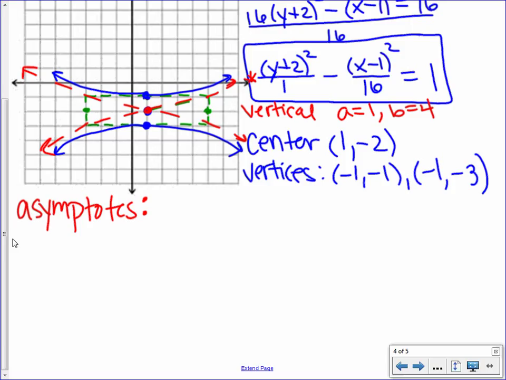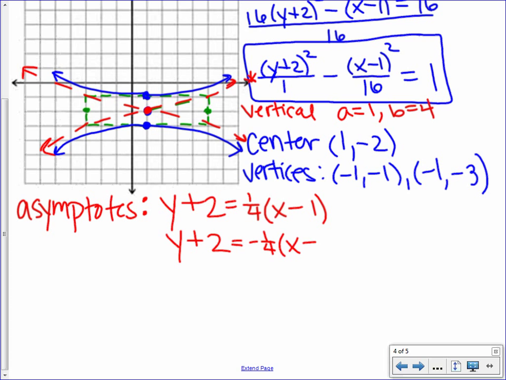So we're going to take y minus y. Since our center's y coordinate is -2, we're going to take y minus -2 equals slope times x minus the x coordinate of 1. And then I'll notice our slope from center to the other corner is up 1, left 4, so it has -1/4 as the slope. Those are your two asymptotes.